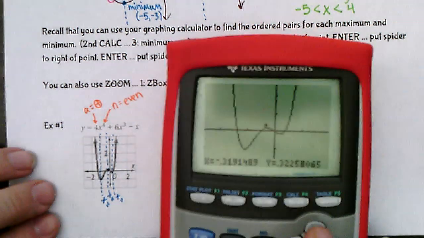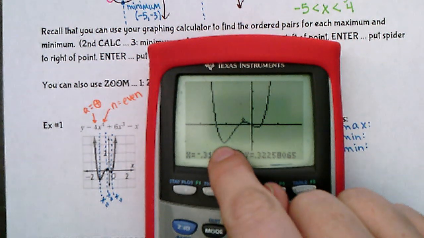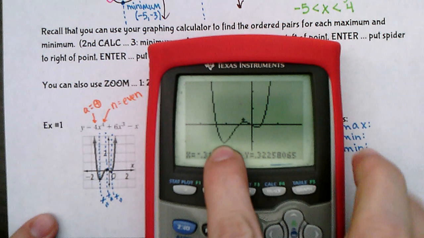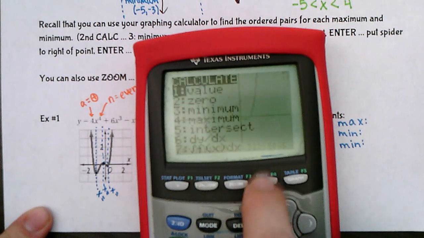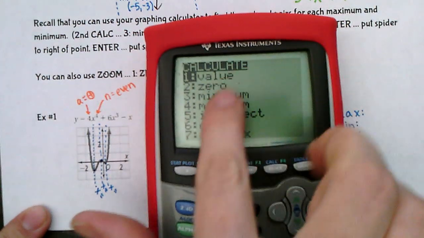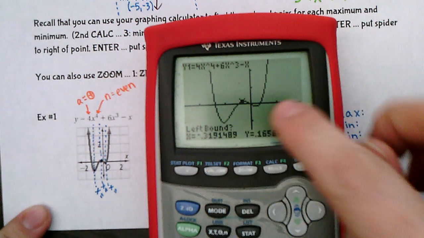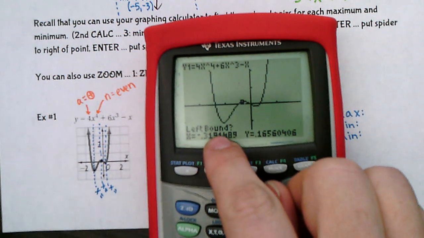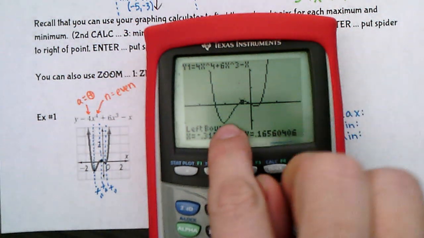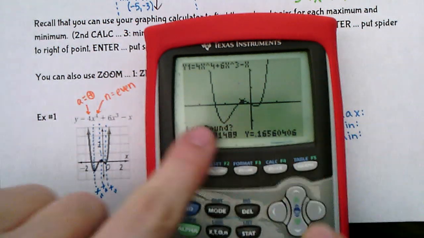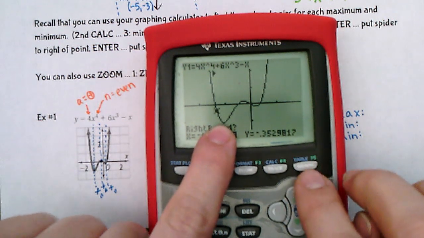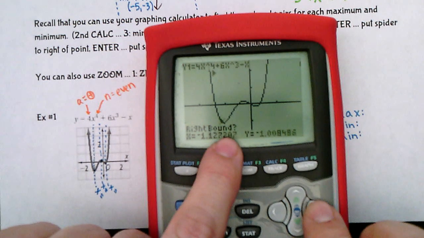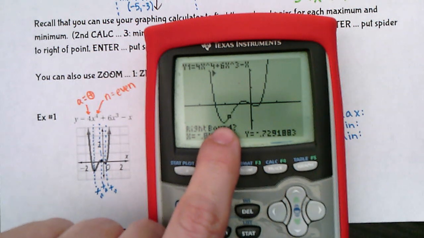Okay, so here we go. Let's just go left to right. So we'll find this minimum first. So we're going to do second calc, and then we're finding a minimum. So we'll want to choose number 3. And then it's going to ask me for left bound, right bound, guess. So this is the point I'm looking for. So I want to move that spider left, left, left, left, left until I go past the point and then hit enter. And then it changes to right bound. So I want to move the spider to the right of what I'm looking for.